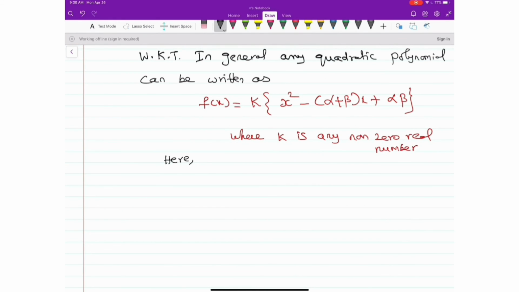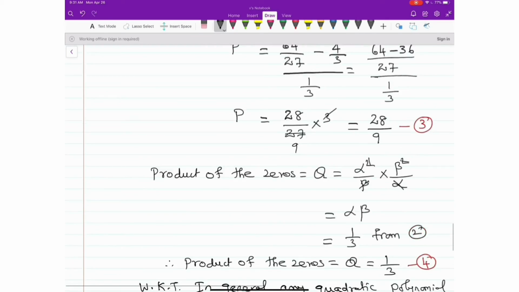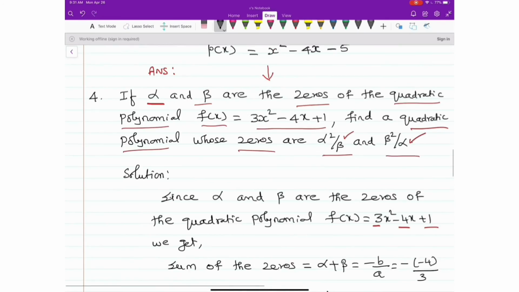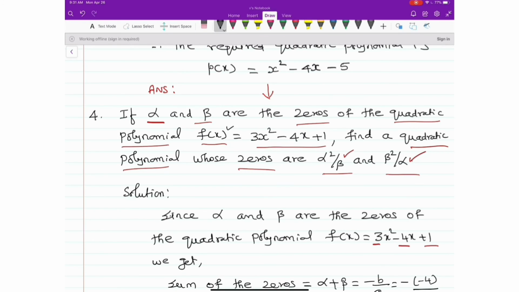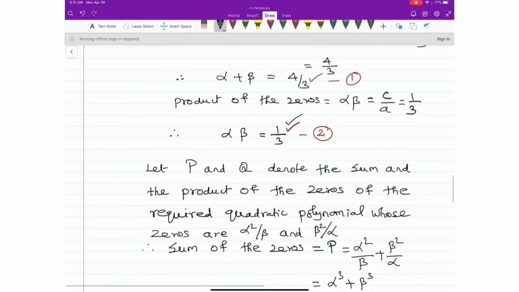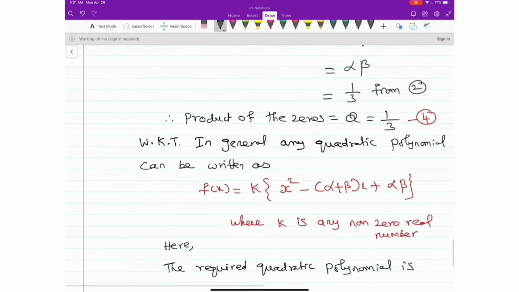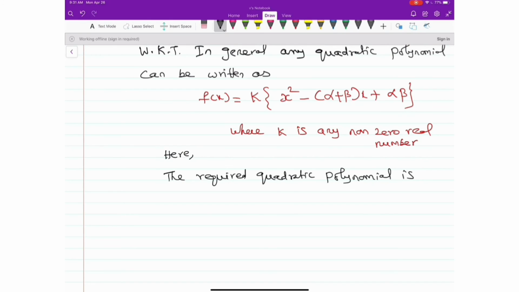Here the required quadratic polynomial is, see already in the question the polynomial is given as f of x is equal to 3x square minus 4x plus 1. So let me take here p of x, or even I can take g of x.